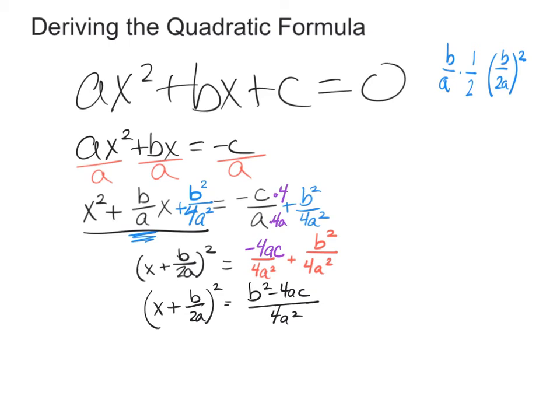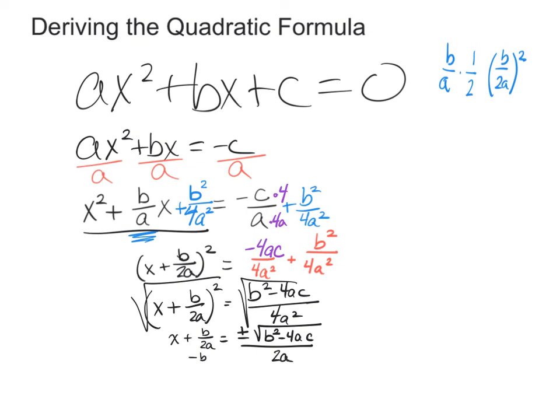Now we use the square root property to take the square root of both sides. That would give me x plus b divided by 2a equals positive or negative the square root of b squared minus 4ac, all divided by the square root of 4a squared. Well, the square root of 4a squared is 2a.